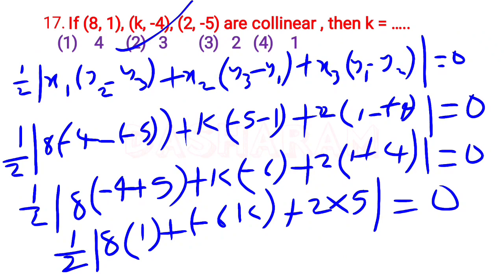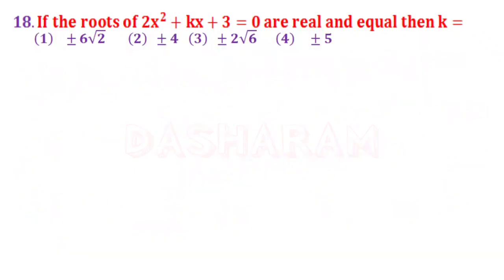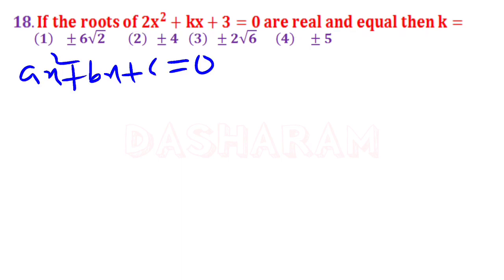Next, 18th question, if the roots of 2x square plus kx plus 3 equals 0 are real and equal, then k equals what? The roots of this quadratic equation are real and equal, then what is the k value? So let's compare with the standard form. a equals x square coefficient, that is 2, b equals x coefficient, that is k, c equals constant term, that is 3.